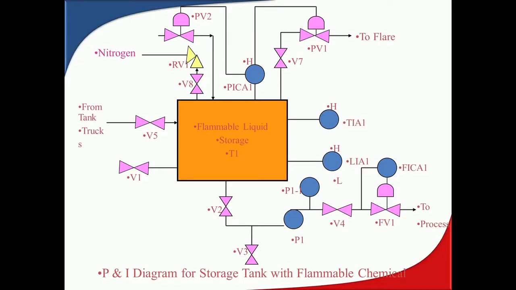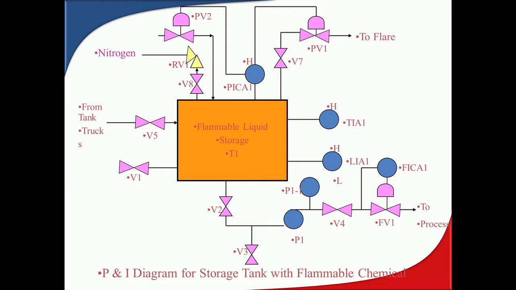And now what are the existing safeguards here? Can you understand what the safeguards are now? See, for level, what are the safeguards here? Have they given any safeguards for level? In case of high level or low level, can you see any L? Level means L. Here, that is the level indicator.